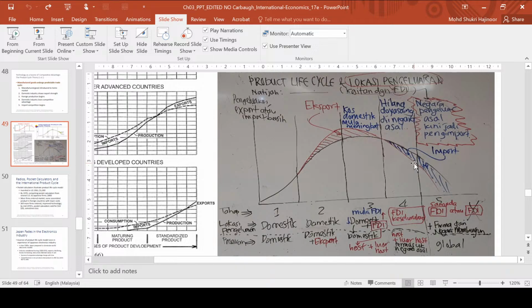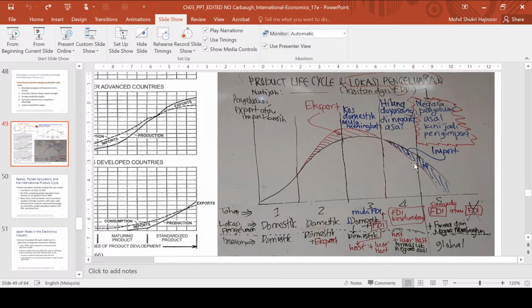And the market: host country, and outside of the host country, third, fourth, whatever country, and also the domestic, going back to the country, importing. See, imports.